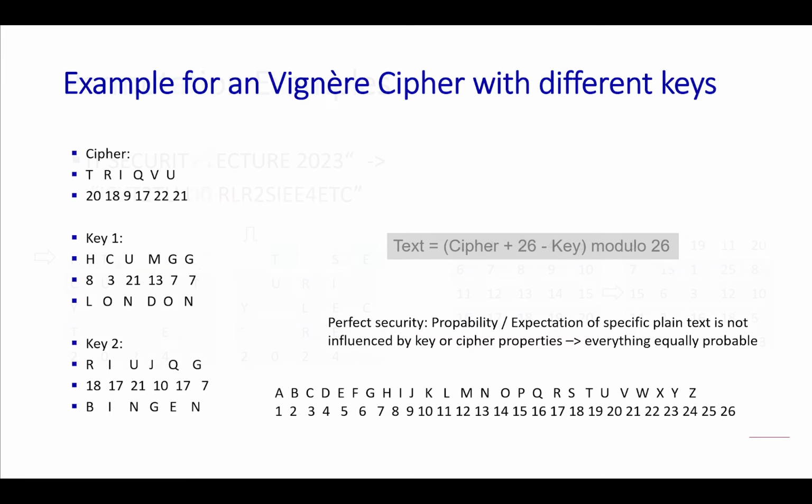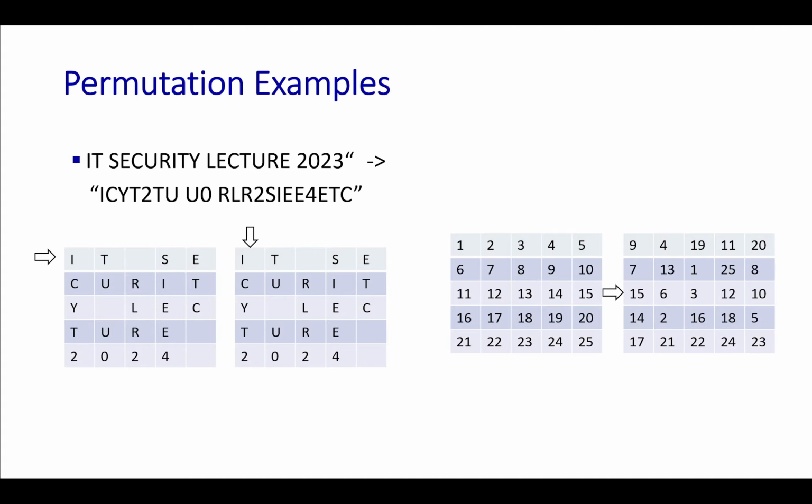Let's have another example for permutation. For example, if we write the text in this format and read it in this direction, it's just a rearranging of the existing elements. One specific thing that you should note is that if we rearrange, we keep the same patterns.